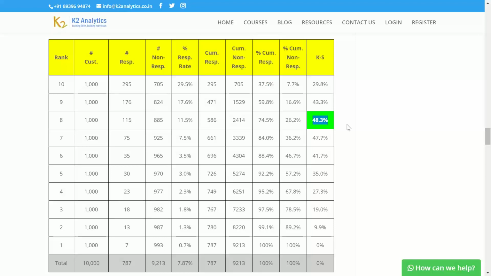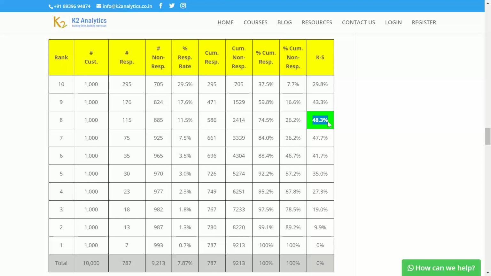Now, why specifically have I highlighted this 48.3? You have to keep calculating the difference for each of these deciles. Wherever in this KS column the value is maximum, that number is the KS statistic.